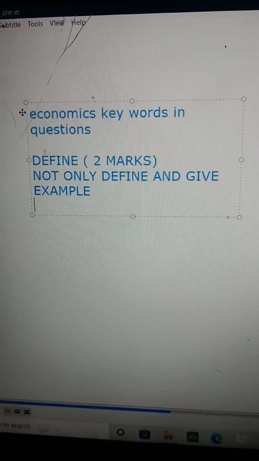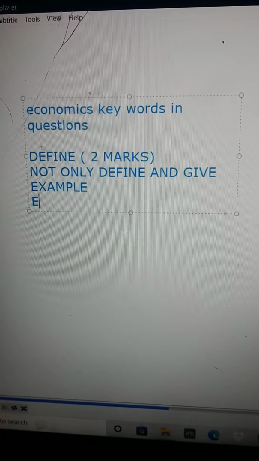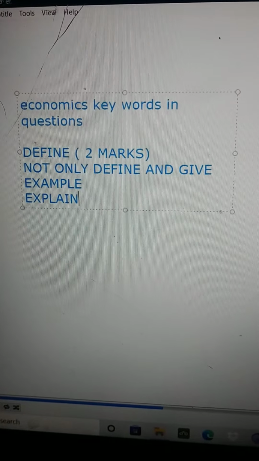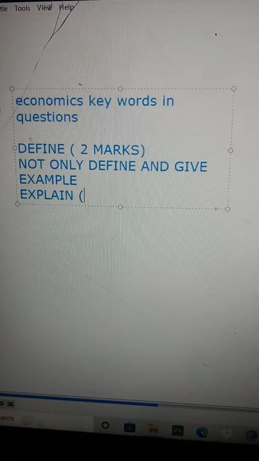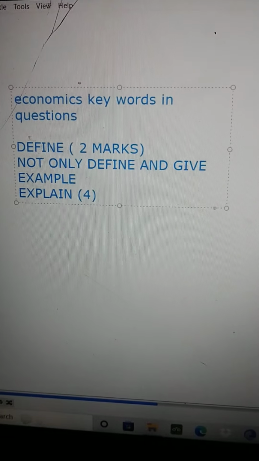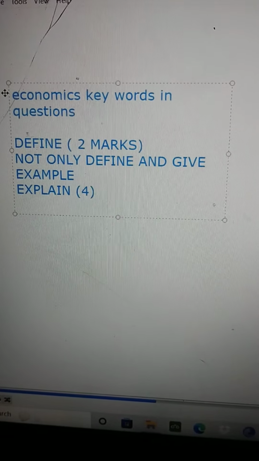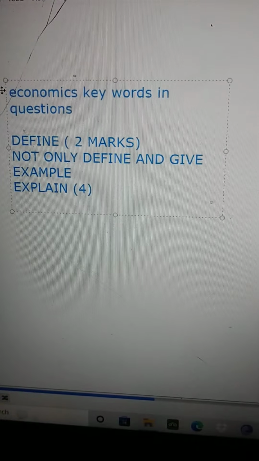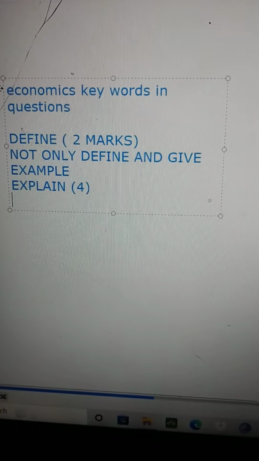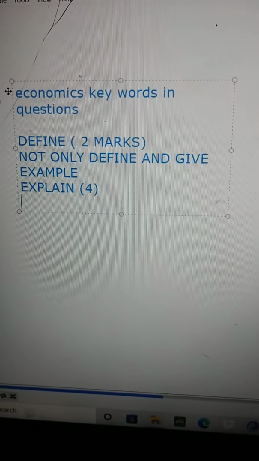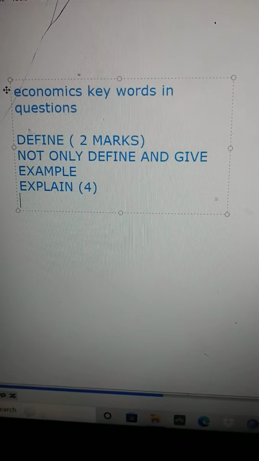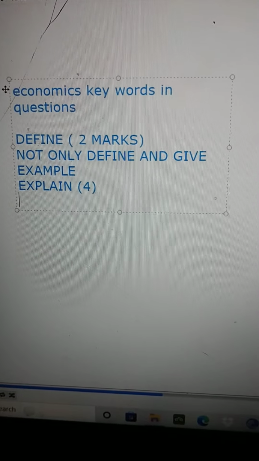Then the second command word is explain. Now explain is for 4 marks. So they want a particular format from the students: identify 2 points. You can write 2 paragraphs in explain answers.